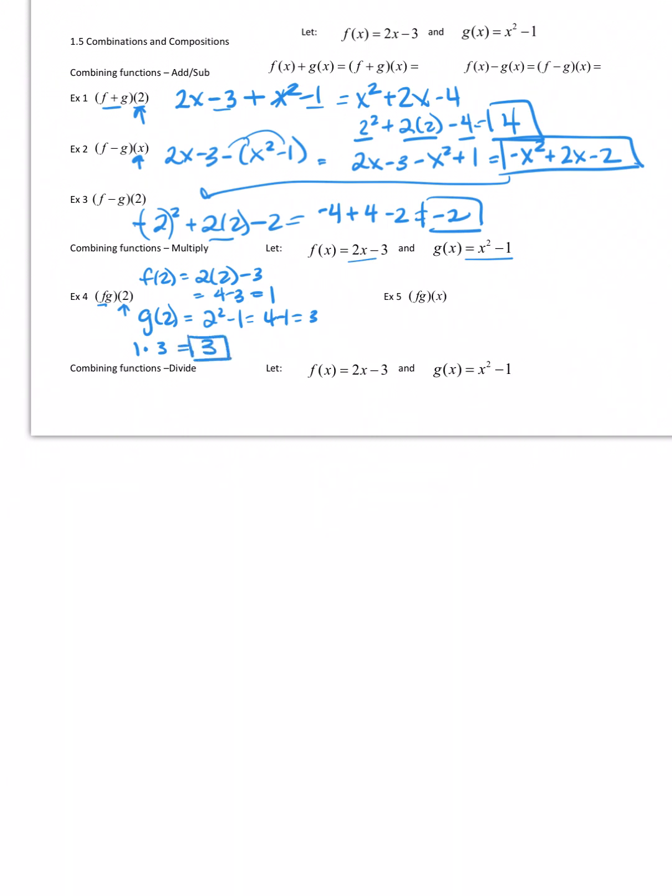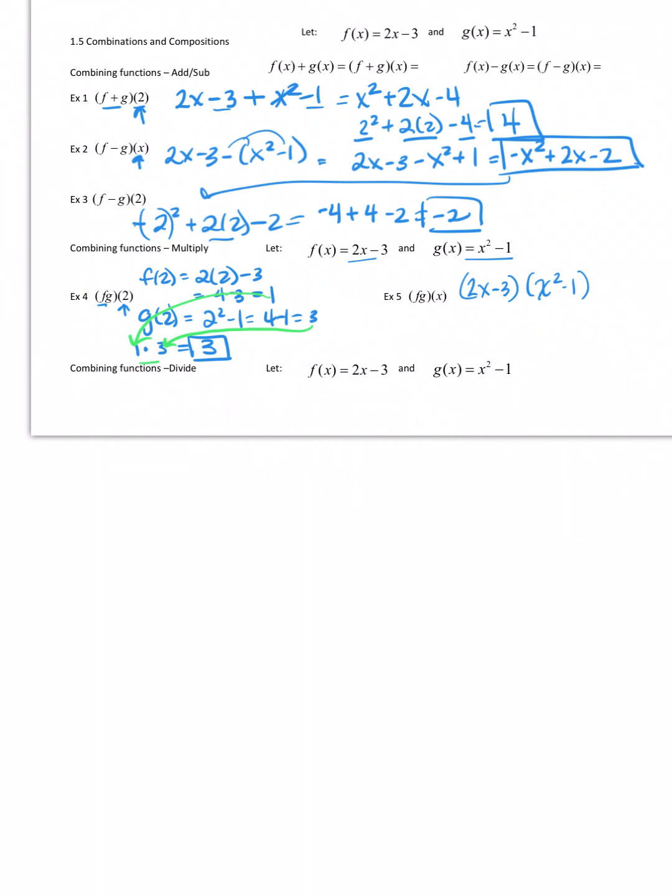So you see what I did there? I found f of 2, and then I found g of 2, and then I multiplied them. That works great if there's a number, but what if there's not a number? If there's not a number, then we have to do just basic FOIL. So I'll have 2x minus 3 times x squared minus 1, and then we'll FOIL it.